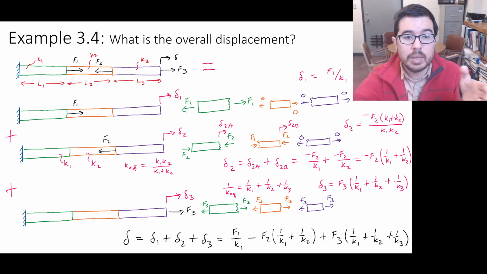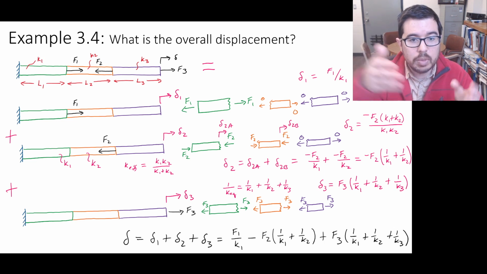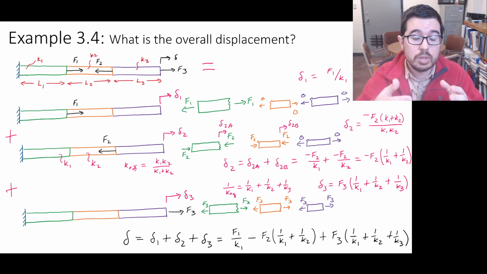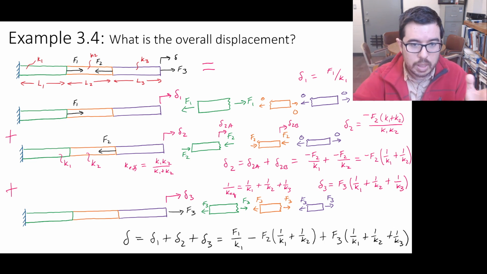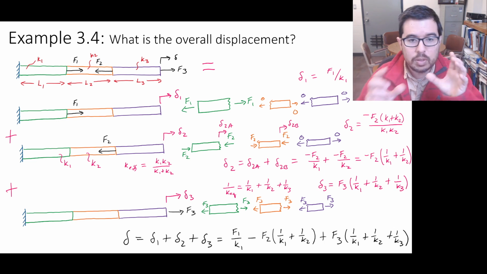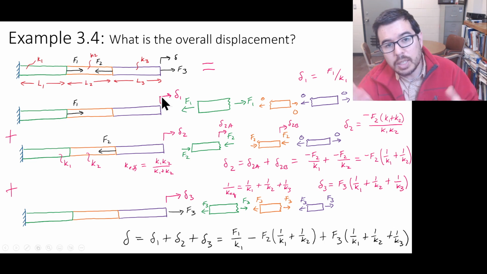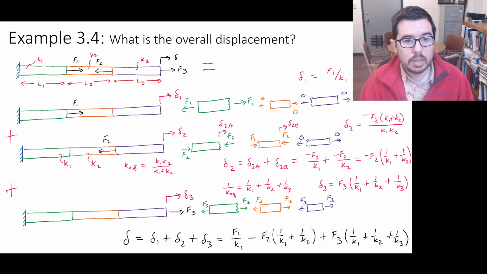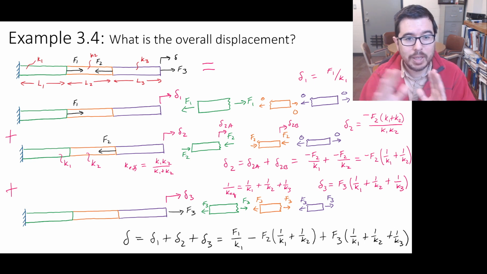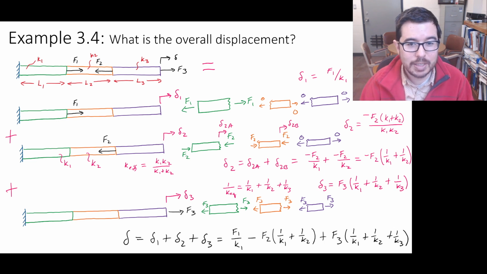I can figure out how much elongation I have from the summation of these external loads. That's the internal force based on the external loads, and so I can figure out what the elongation of that member is. And I could do that for that one, and then this one, and then this one. So that's another way to look at doing this problem, if you will. But we did it using superposition instead.